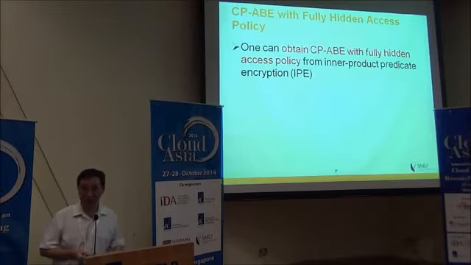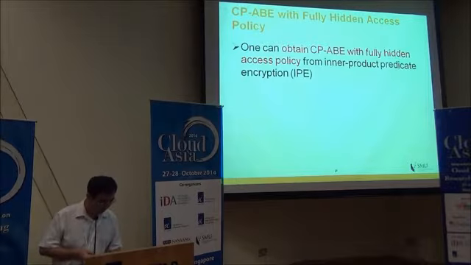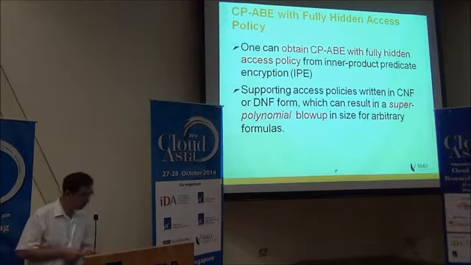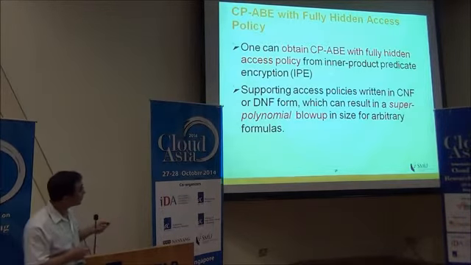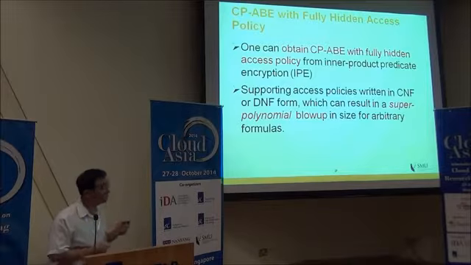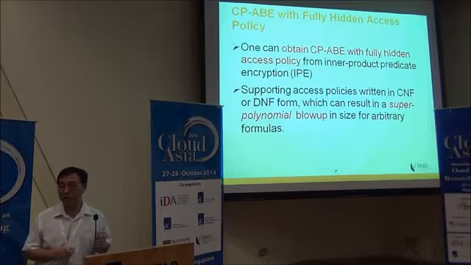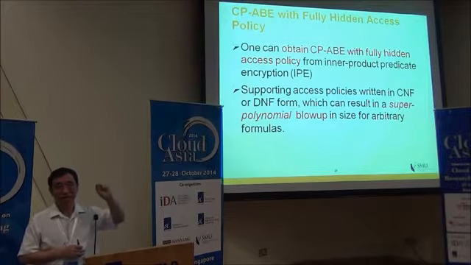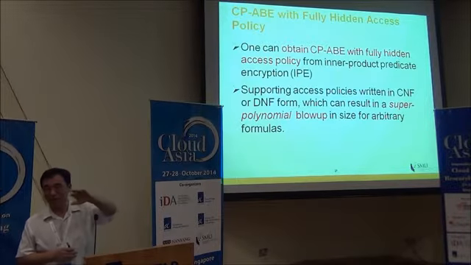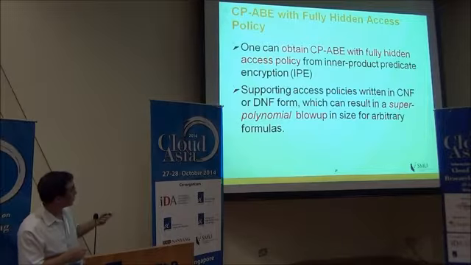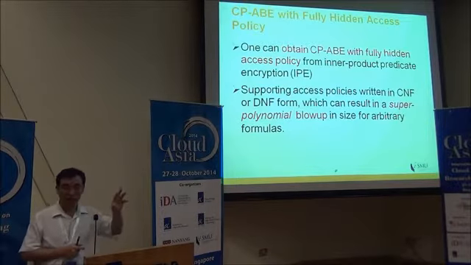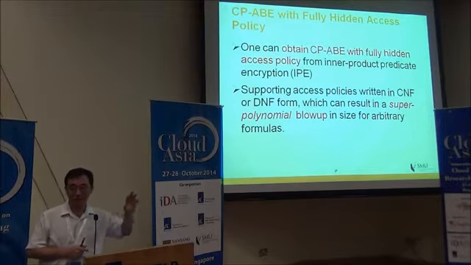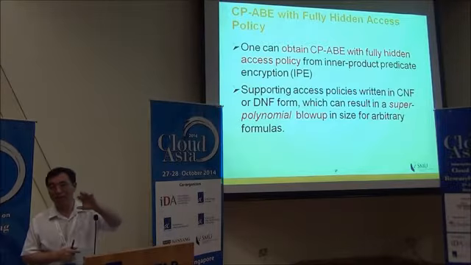So this is one solution. If we use this solution, it can support access policy written in CNF and DNF form. CNF is conjunctive normal form. So it means you have A and B and C, etc. And disjunctive normal form, A or B or C.